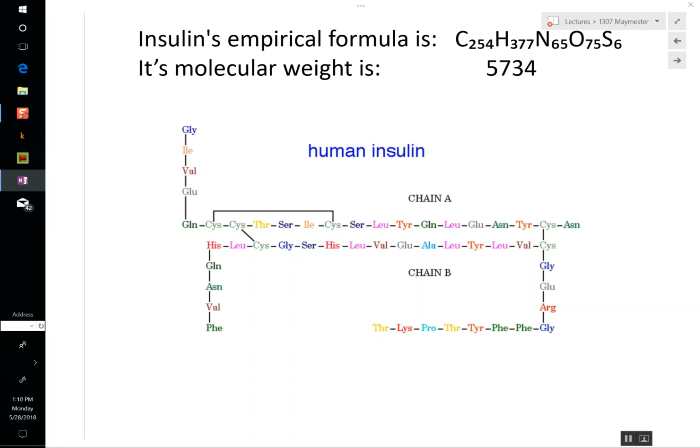There's a disulfide bridge here, and there's a disulfide bridge here. Cysteine, cysteine, making a bridge. Cysteine, cysteine, making a bridge. And even in chain A, there is a sulfur bridge.